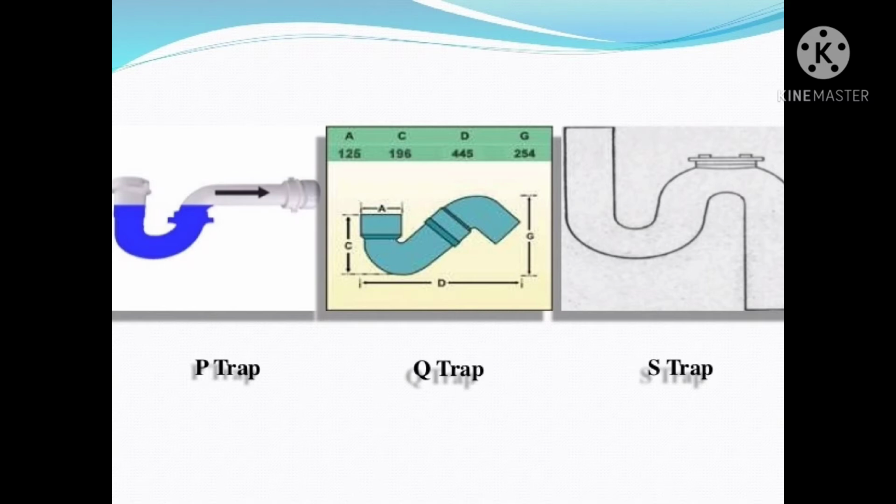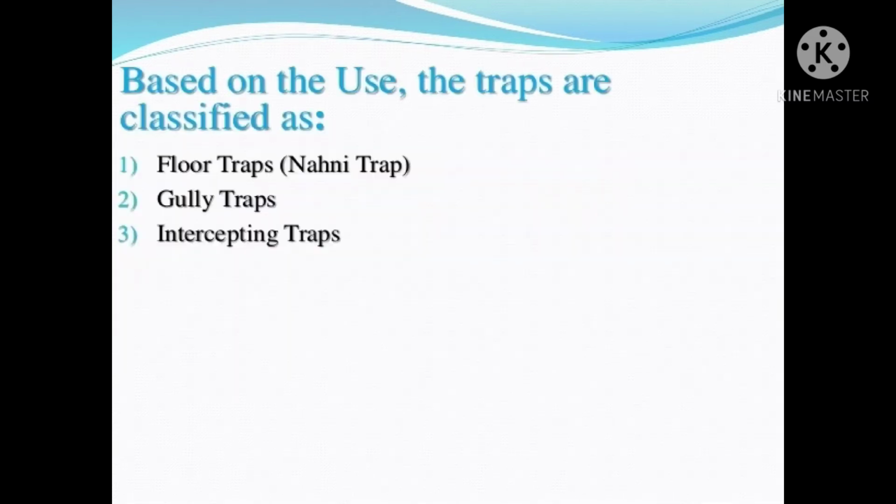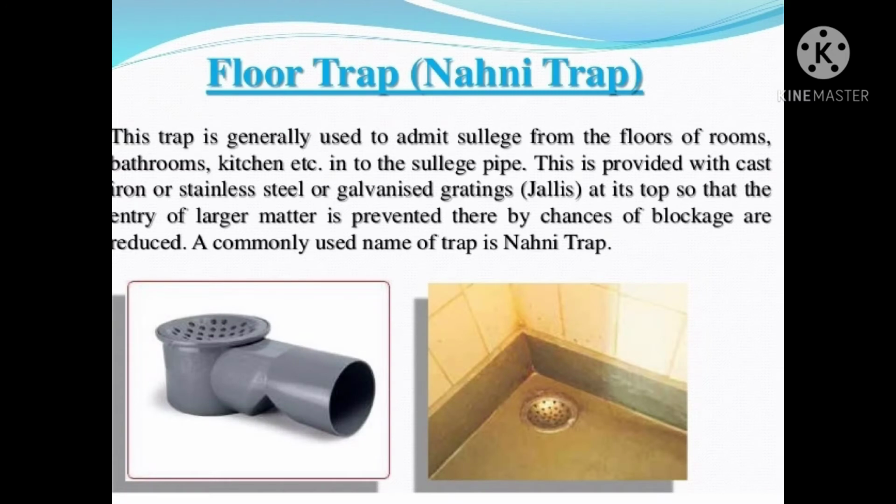Based on the use, the traps are classified as floor traps, nahani traps, gully traps, and intercepting traps. First one is the floor trap or nahani trap. This trap is generally used to admit sullage from the floors of rooms, bathroom, kitchen, etc. into the sullage pipe.